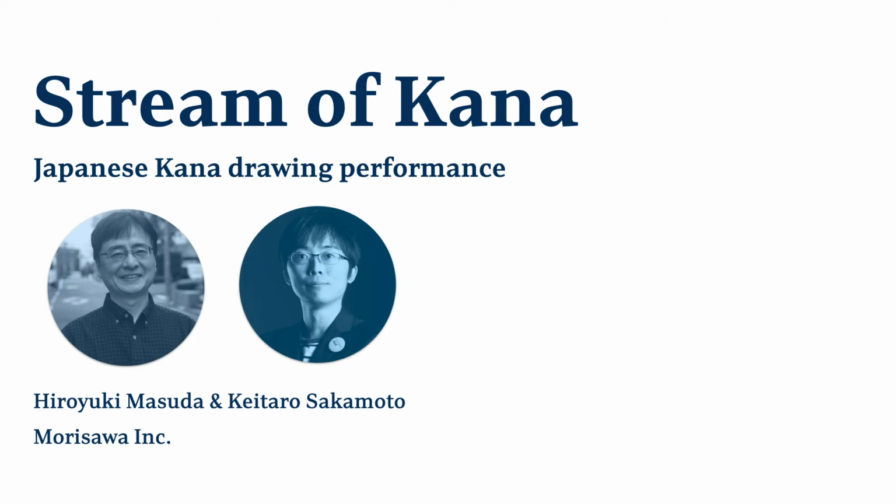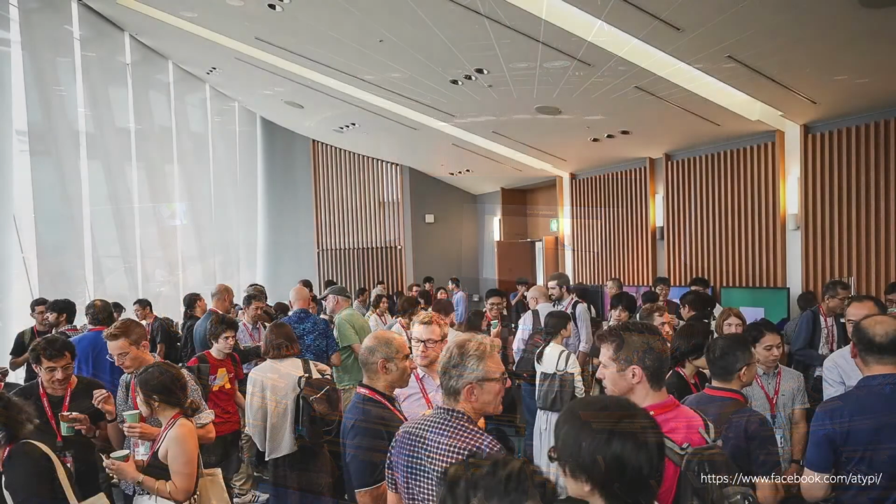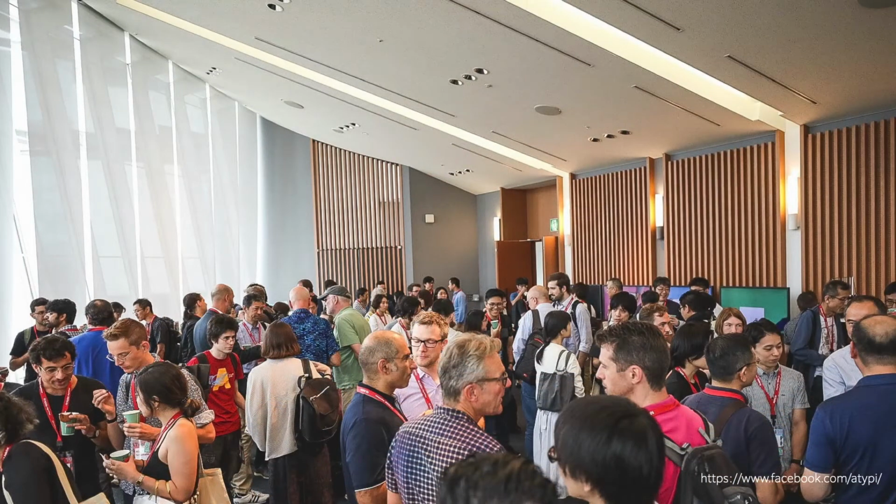In this session, we will talk about Kana, which is a type of character used in Japan, and show you some demonstration videos in between. I really hope that today we can strike your interest towards the Japanese language. Various topics on the Japanese language have been covered in last year's ATypI Tokyo, so I hope that our presentation today will be helpful when reviewing last year's archive.